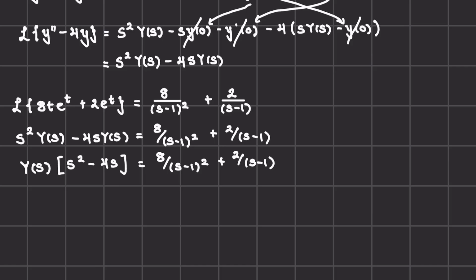Now we want to set this into a Y(s) equals equation. Therefore, we need to divide both sides by s squared minus 4s. So we have Y(s) here.